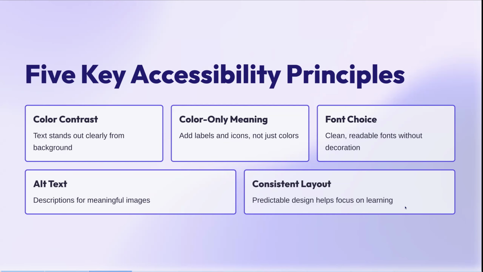Alt text. Adding descriptions for meaningful images. And lastly, consistent layout. Predictable design helps students stay focused. These 5 principles are simple, but applying them consistently dramatically improves the usability and inclusivity of your slides.